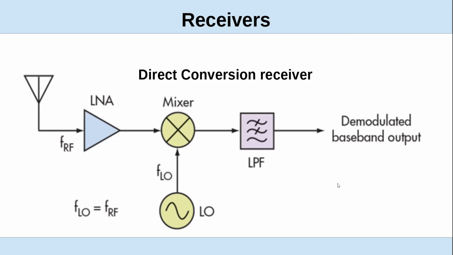So we're going to get the envelope waveform out, which is what we call baseband. That was the originating modulating signal. So they're very simple. They're not the greatest radios, but they're simple. You can do one with a handful of parts.